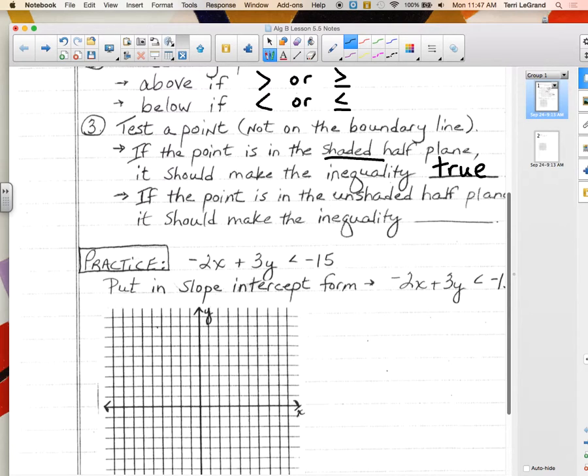If the point is in the unshaded region, it better make the inequality false, so we would get a false statement. And where can't our point come from? It can come from anywhere in the coordinate plane except the boundary line. We can't take it from our line.